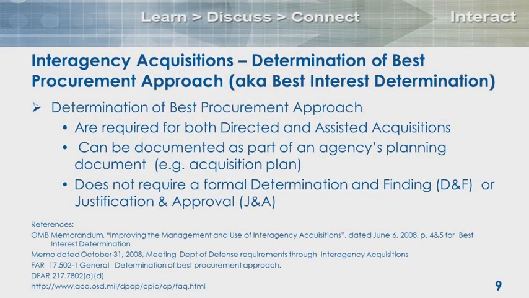Here, basically, interagency acquisition, determination of best procurement approach. The best procurement approach basically depends on whether you're doing a directed or assisted acquisition. What I'm talking about is directed would be you, such as DOD, having your own acquisition resources, your own contracting officer that would solicit, award a contract, administer the contract, and close out the contract.